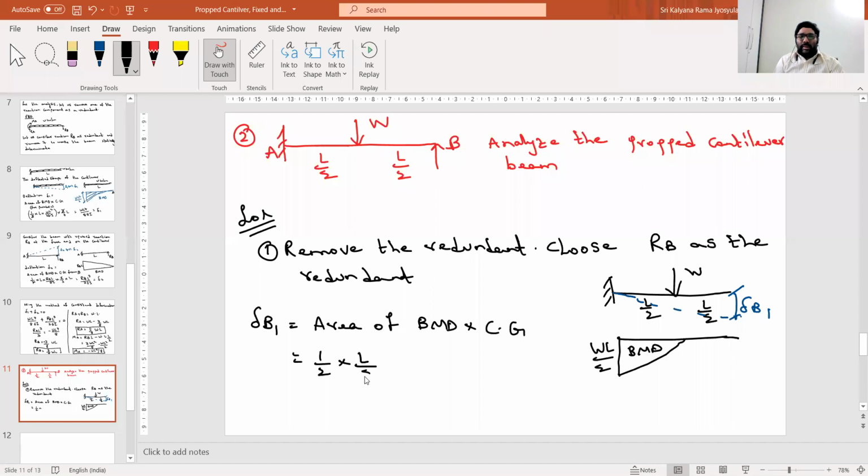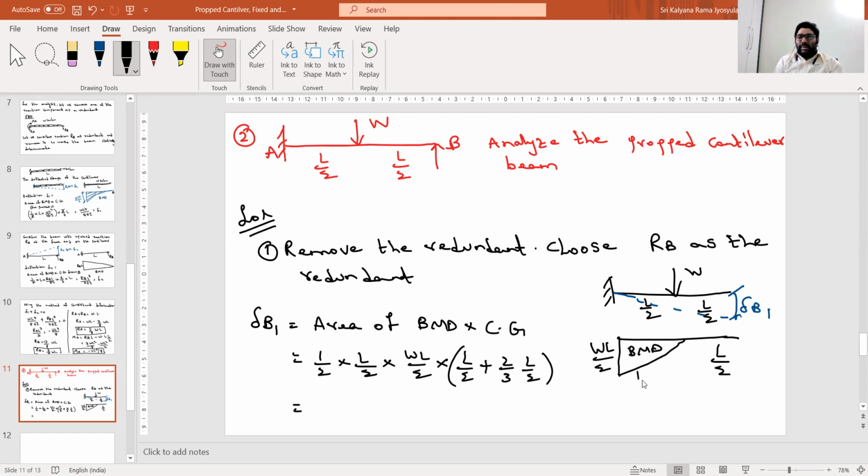Half into base L by 2 into height WL by 2, into the centroidal distance from B. So L by 2 plus 2/3 of L by 2, that is L by 2 plus L by 3, which is 5L by 6.